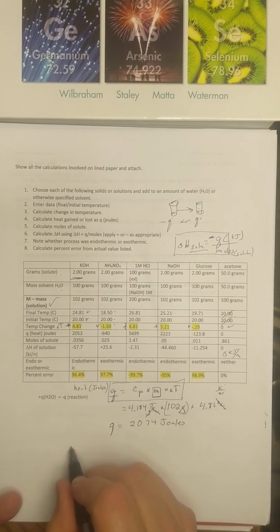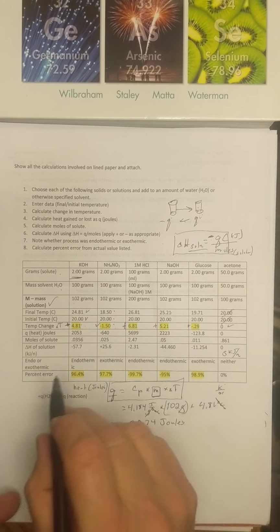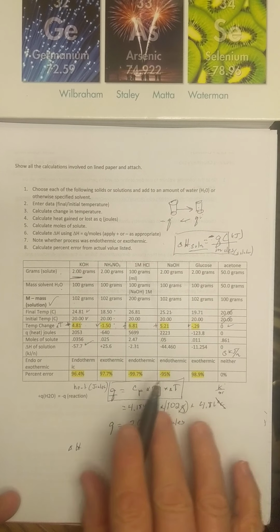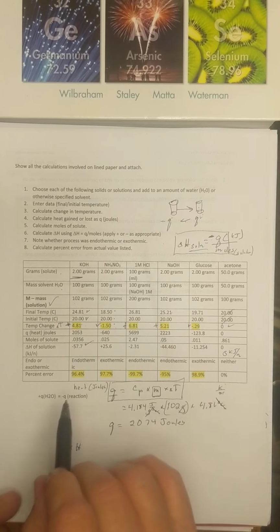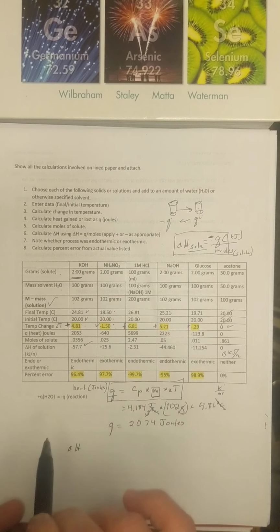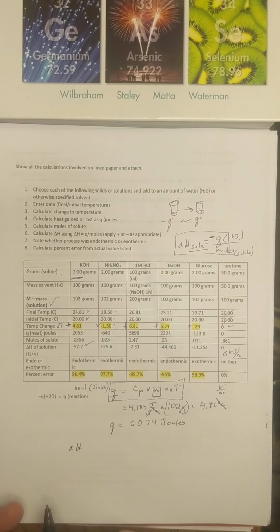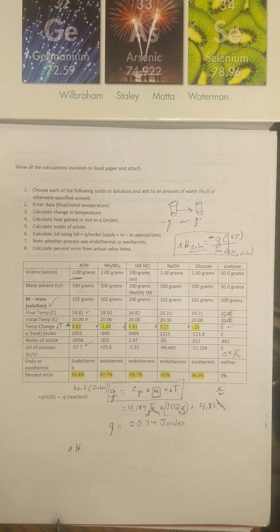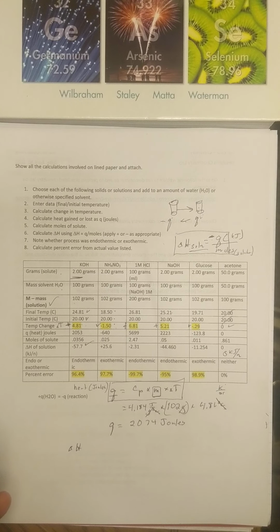Now, I'm going to find the delta H for this. That's the next step. As you went through the lab, you had an option to turn it on. For the solute, you could click on it and see the actual delta H value. You could also just look it up on Google and search for it.